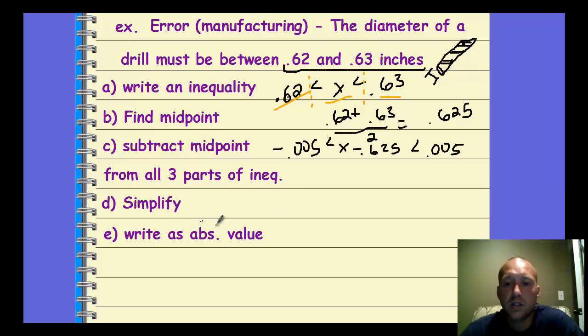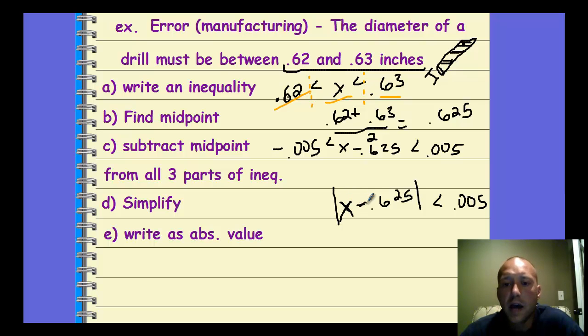And to do that, we can simplify, or we can say that the absolute value of x minus 0.625 can be less than 0.005. So what this is saying is that the diameter of the drill bit is x.